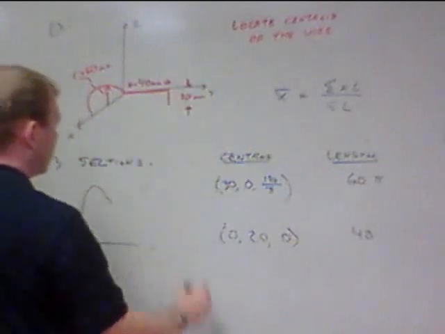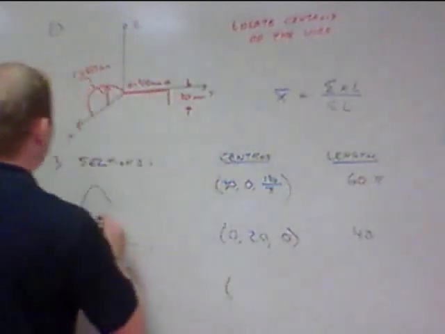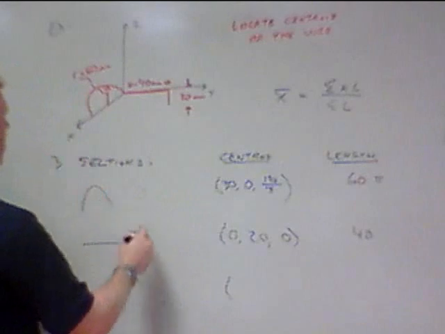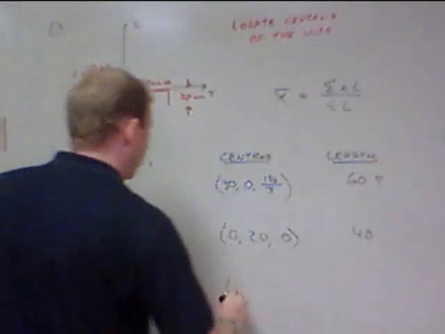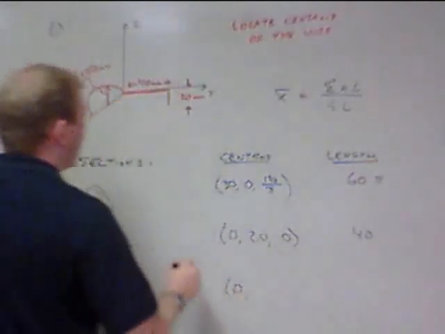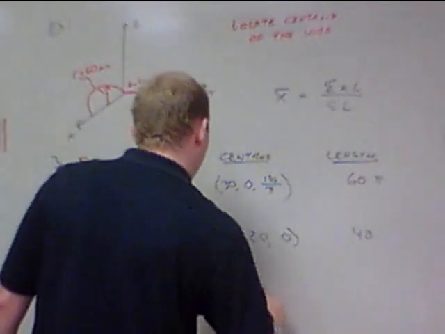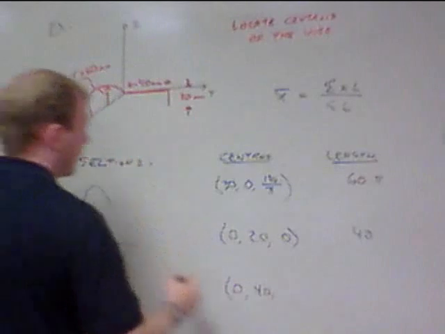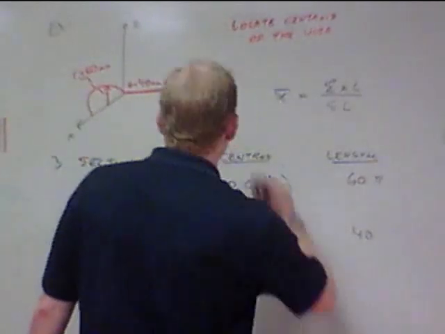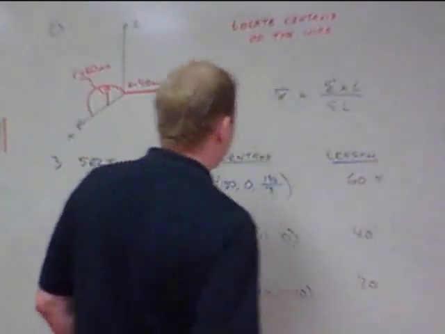The vertical piece here, the centroid doesn't extend at all in the x direction, so that's 0. The y direction, again, its entirety is out here at 40. And its z direction centroid is at -10. Its length is 20.